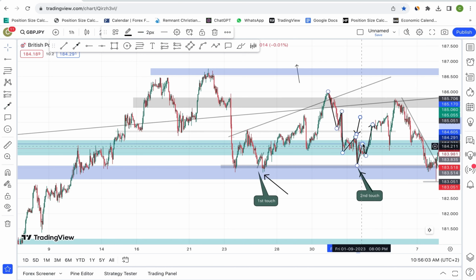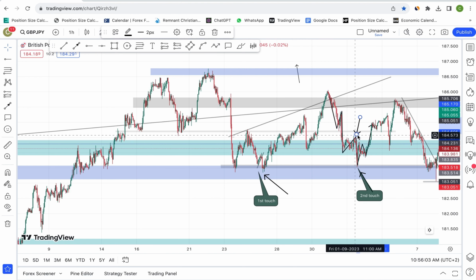You don't want to use this one, because this is where the trend started. After this top, it did not give us anything lower than this, because the last one was this, then it gave us a lower low. The last higher low was this, and it created a lower low right here. So this higher low did not create a lower low, so we will not consider this one.